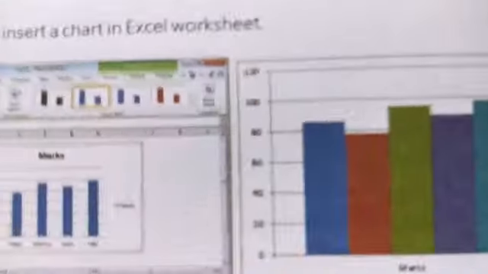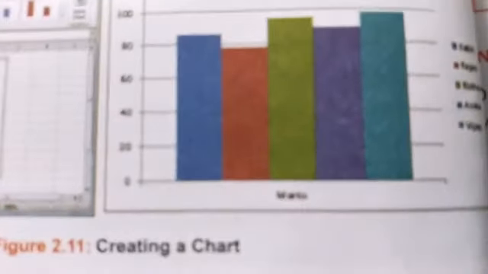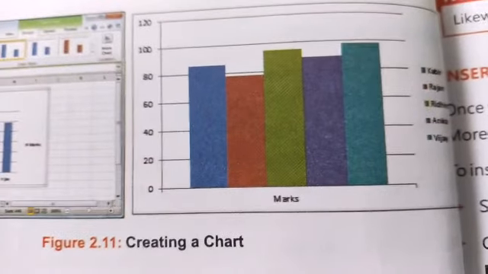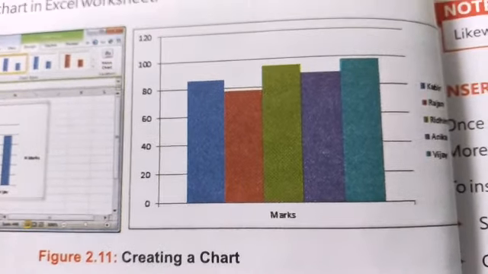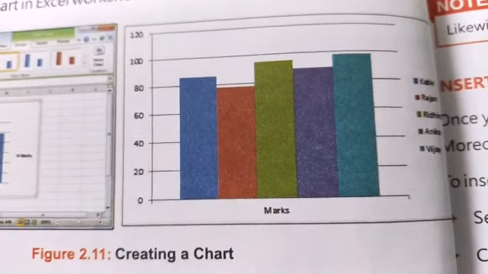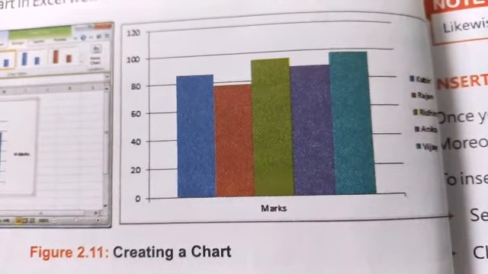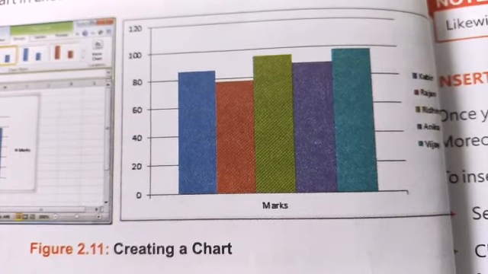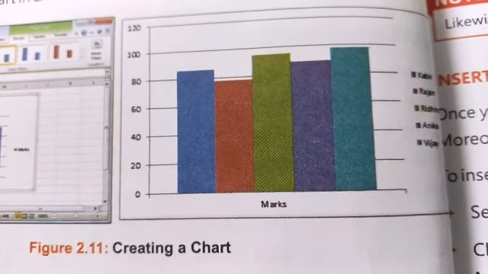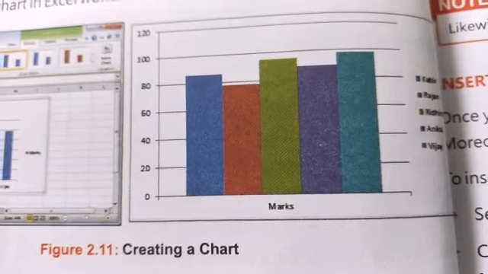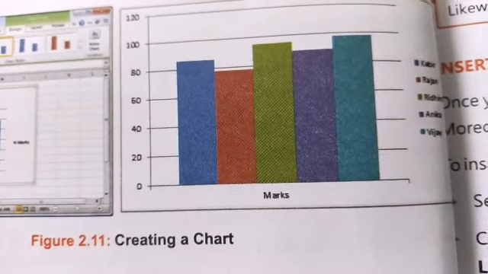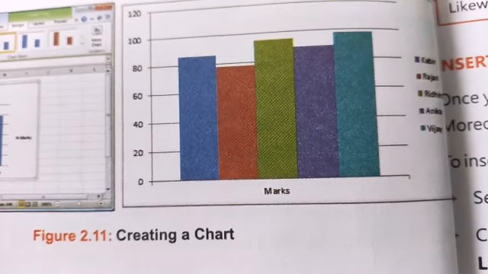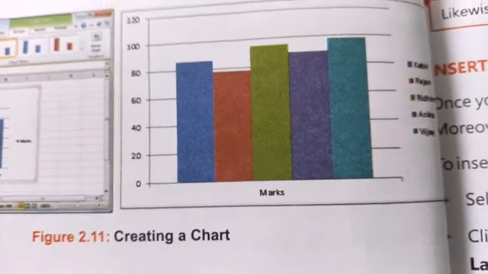You see in this graph, 0, 20, 40, 60, 80, 100, 120. This vertical axis is known as the y-axis, and at the bottom where the names are written, that axis is known as the x-axis.